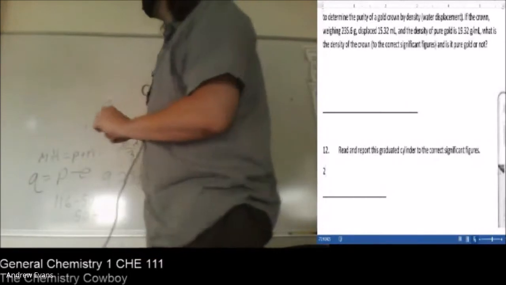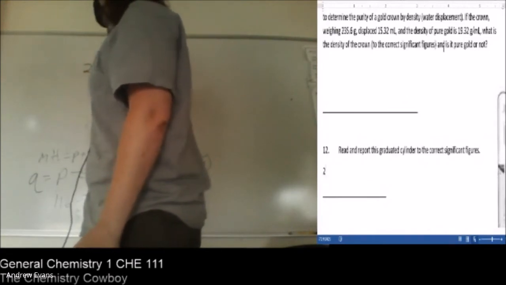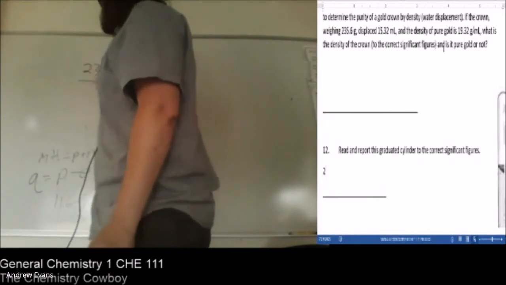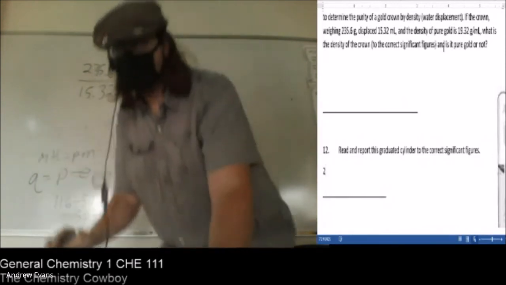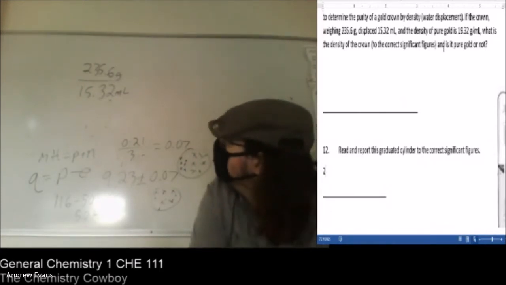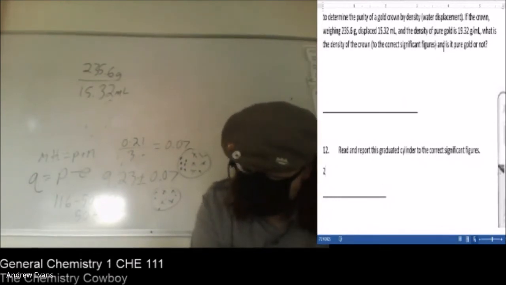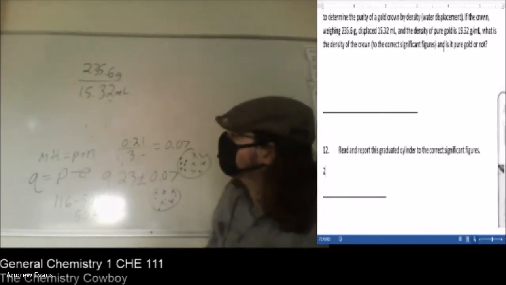So, looking at this, to get density, it's mass divided by volume. So 235.6 grams divided by 15.32 mL would give us our density. Doing that conversion, I get 15.37.